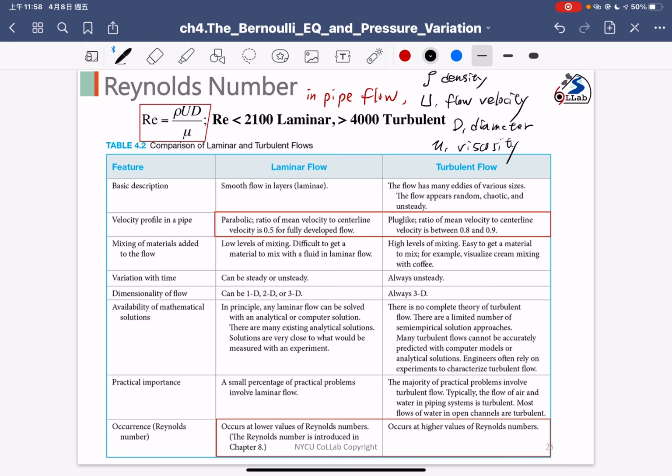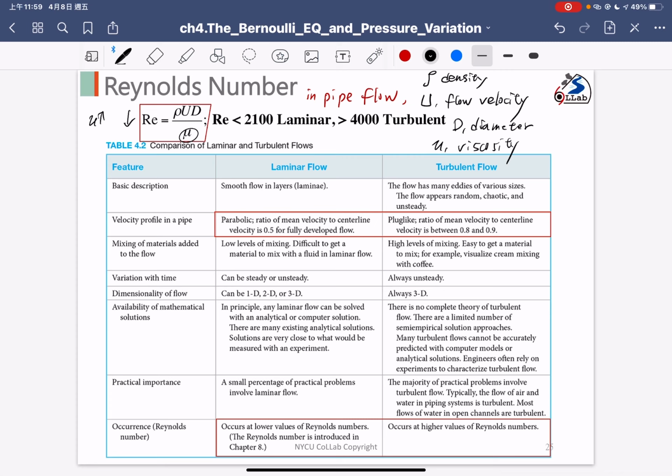Okay, so that's the physical meaning: if the viscosity is large, that indicates the fluid is very difficult to flow, right? So the Reynolds number will be smaller. If mu is larger, the Reynolds number will be small, and then the small Reynolds number will have laminar flow.